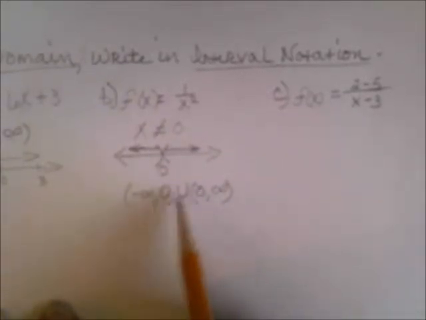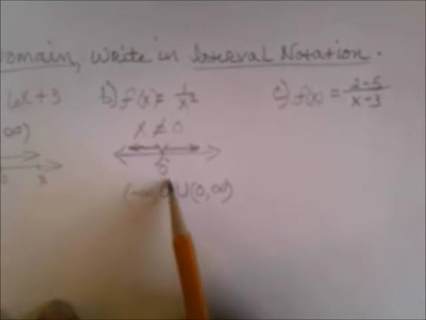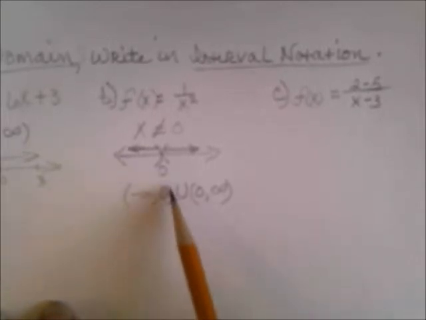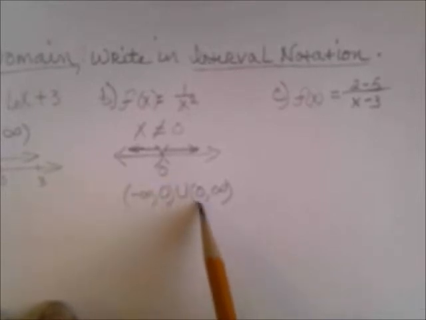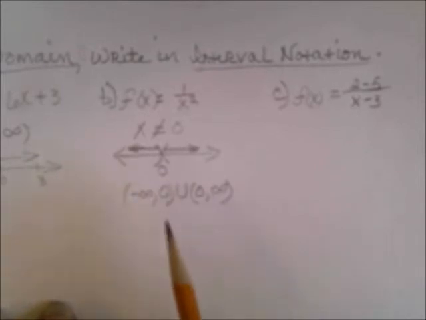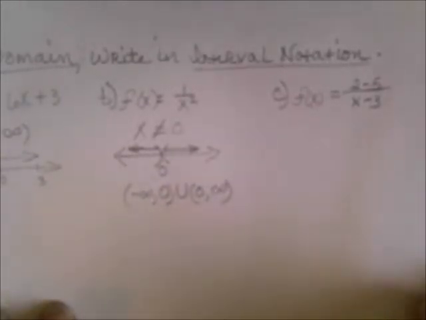This way, when we write the union, it's showing, when we write here with the parenthesis, that means we didn't put a bracket, because a bracket would mean, yes, it can be equal to 0. Well, it can't. And so we use the parenthesis there on both of these because it can't be equal to 0, and the union of those two is the way we write our interval notation.